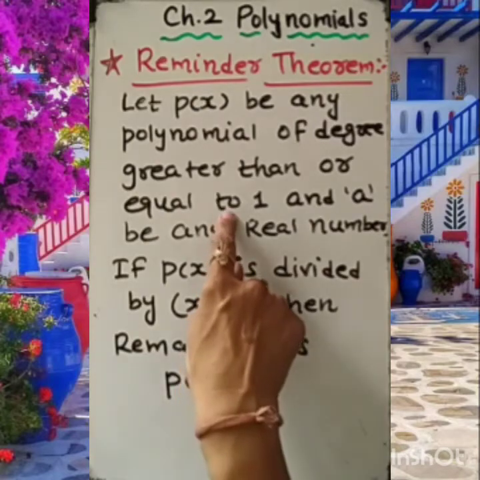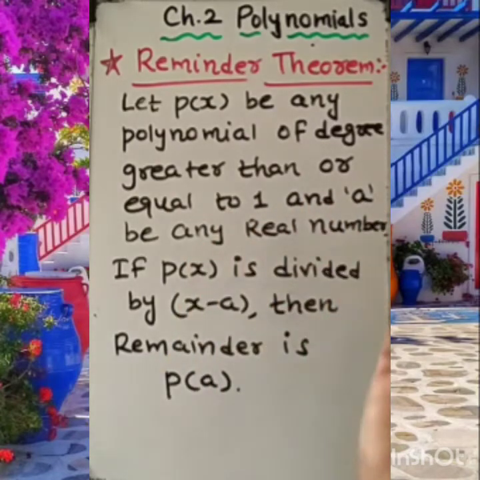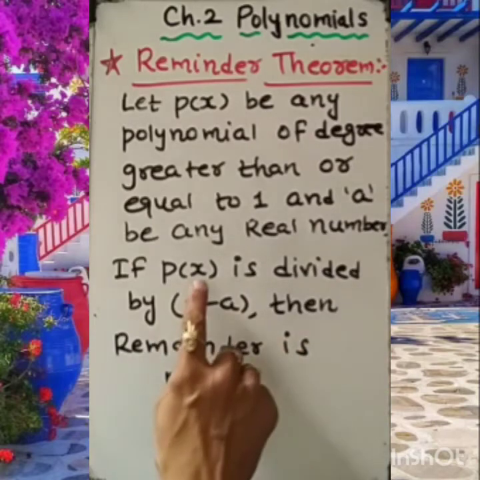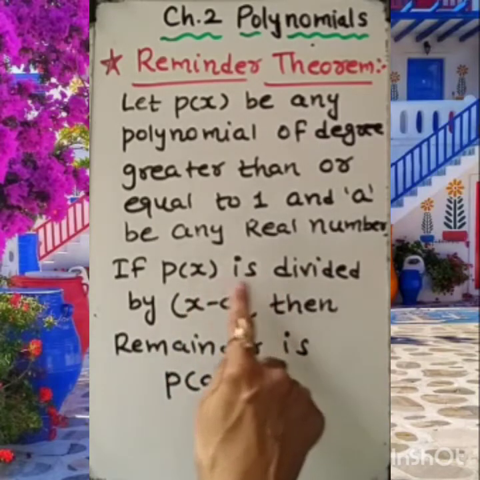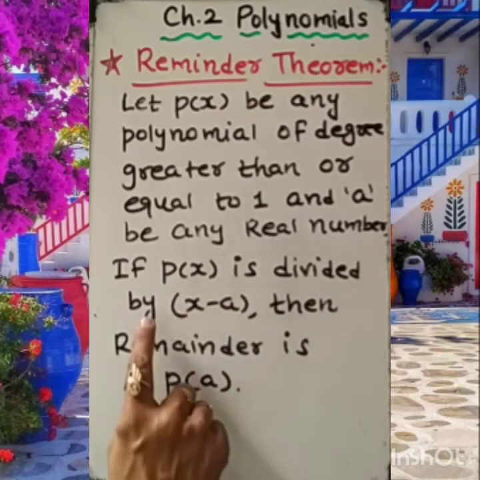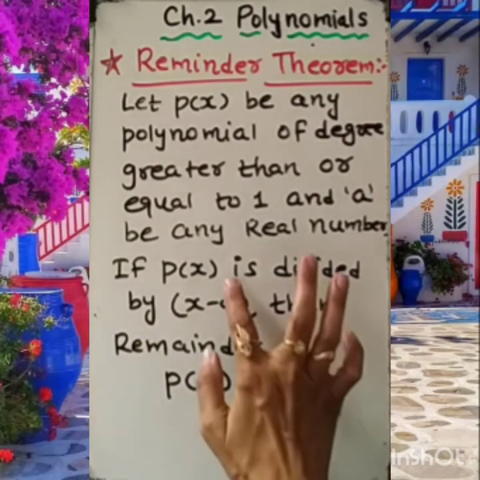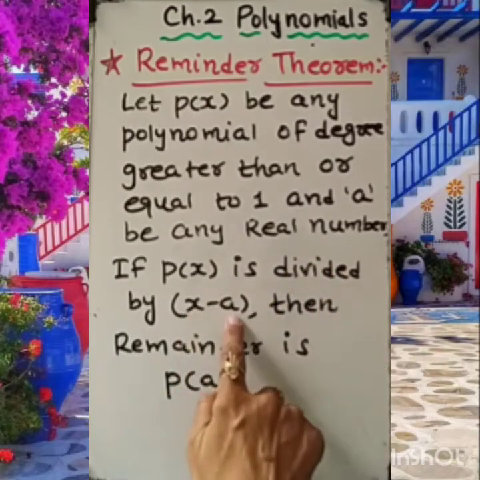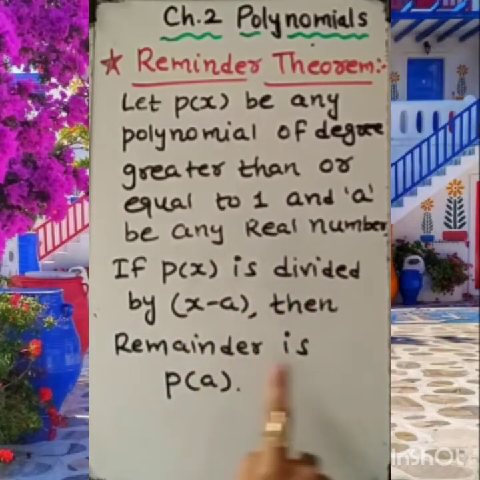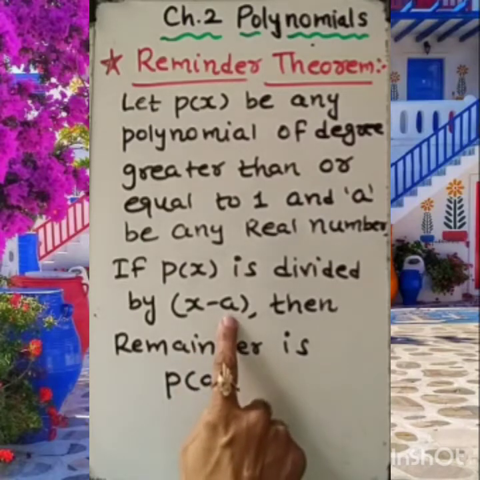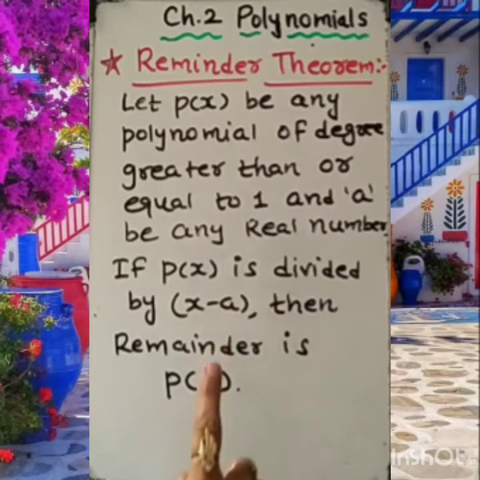Then, with a any real number, when we divide the polynomial p(x) by x minus a, the remainder is p(a). This we consider as the remainder theorem.